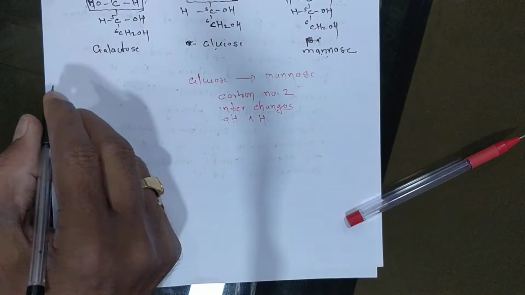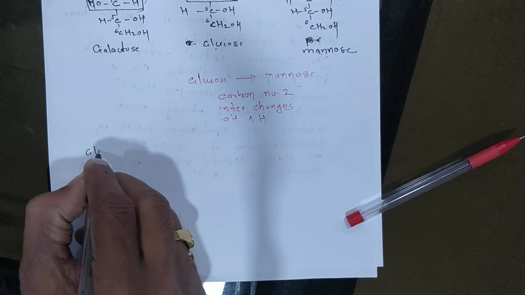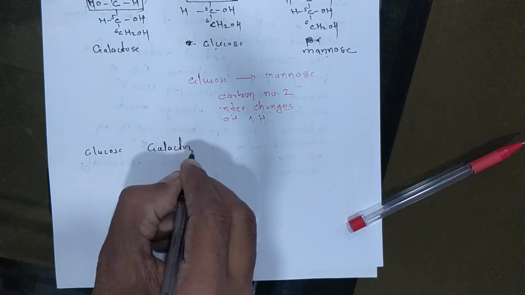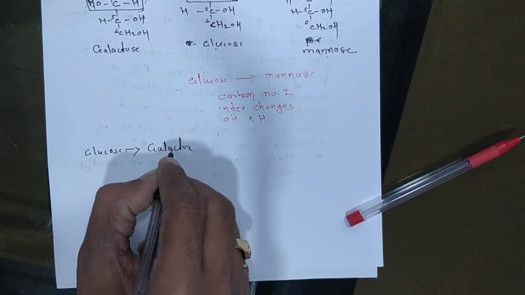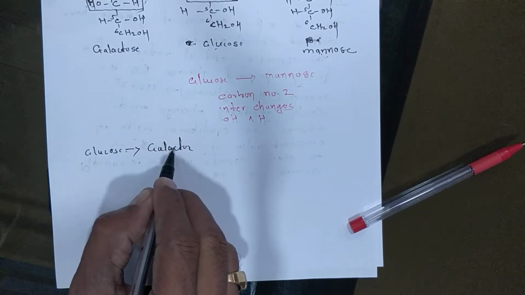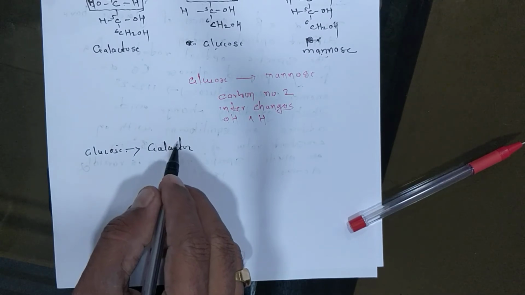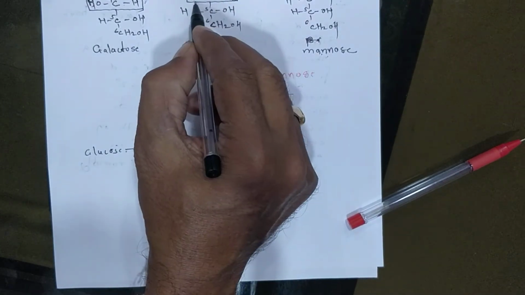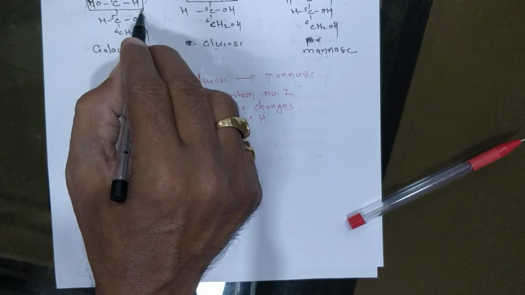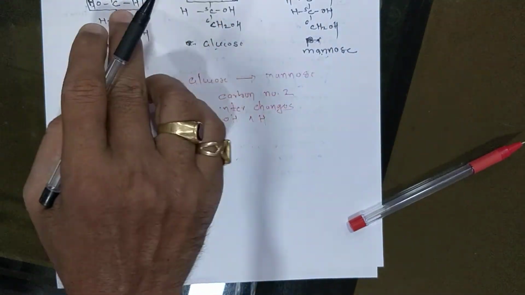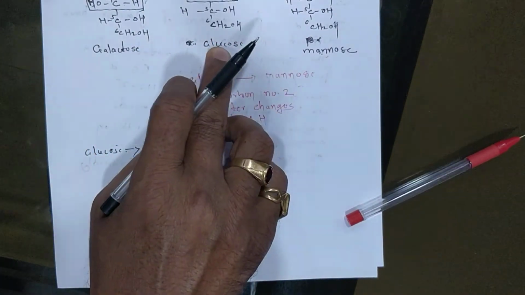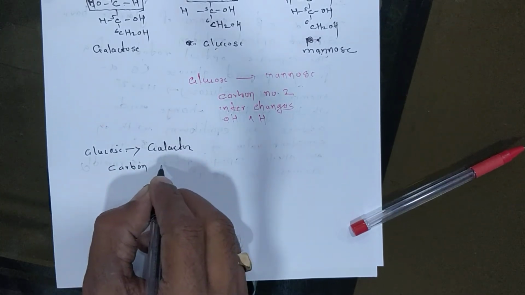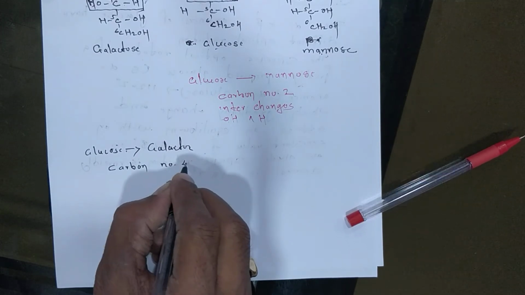Now in black, here glucose to galactose. Glucose is the epimer of galactose. They are two different monosaccharides, different at one specific carbon where the change takes place. Now in glucose, which carbon? Carbon number 4. Compare galactose, don't consider this red one. Compare this, give the numbers, draw the structure. Which carbon number? Carbon atom number 4. Write it down here.